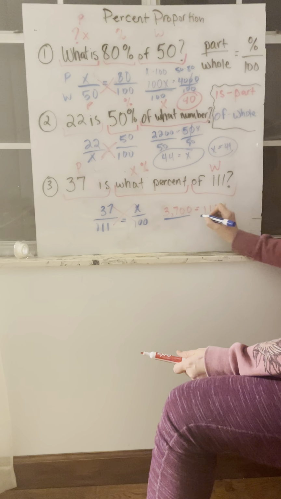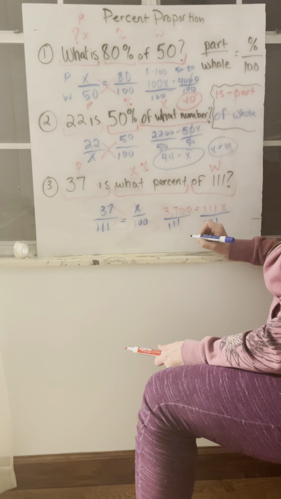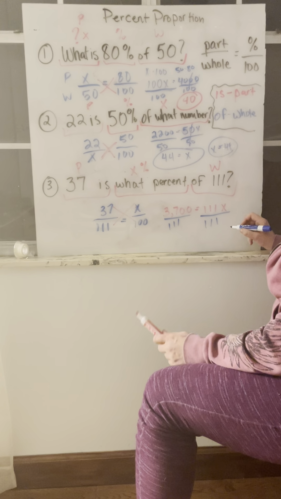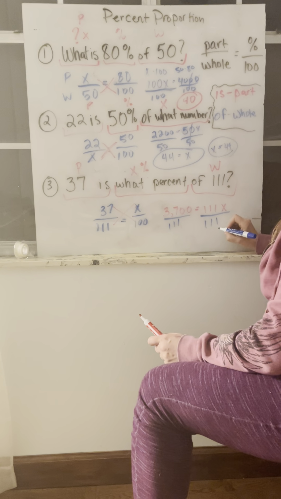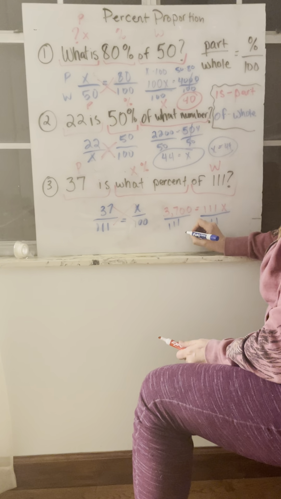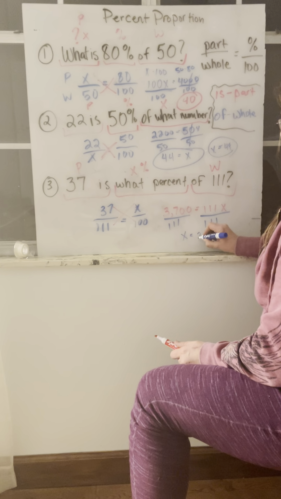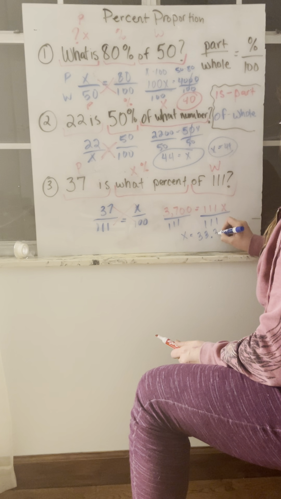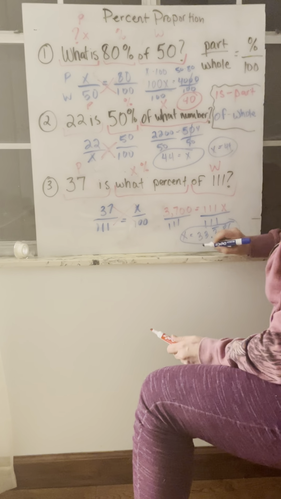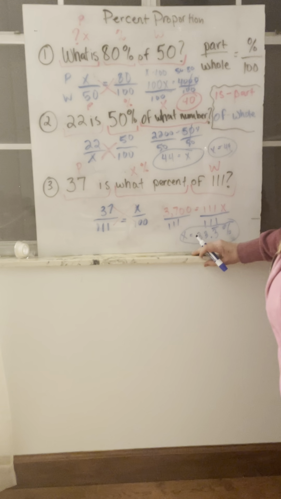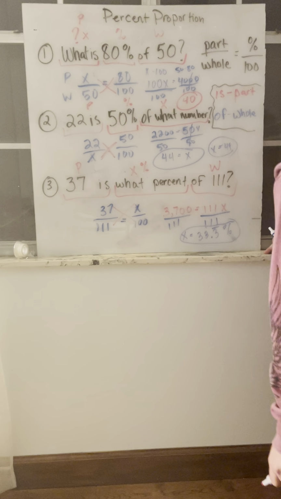We divide both sides by 111, and we're going to end up with a slight decimal. So x equals 33.3 repeating percent. It's basically 1/3.